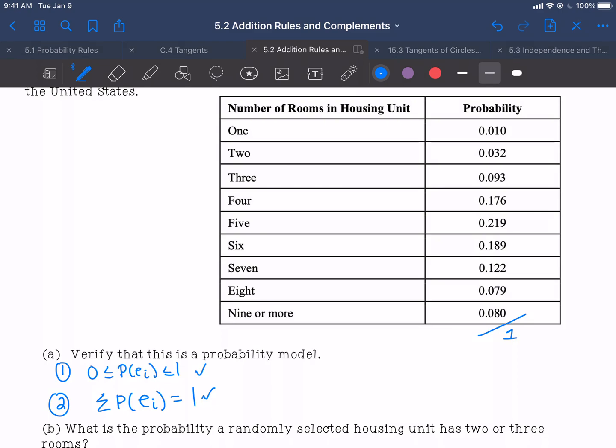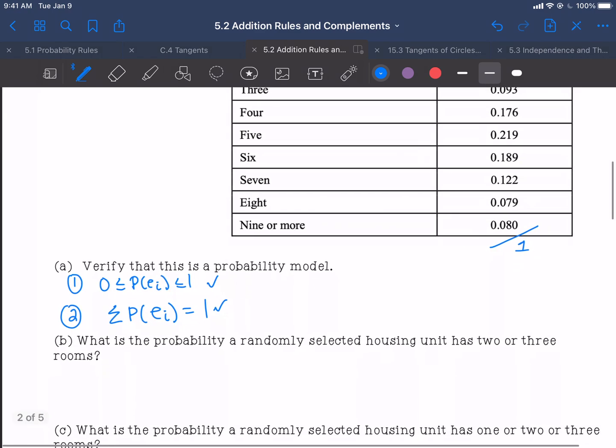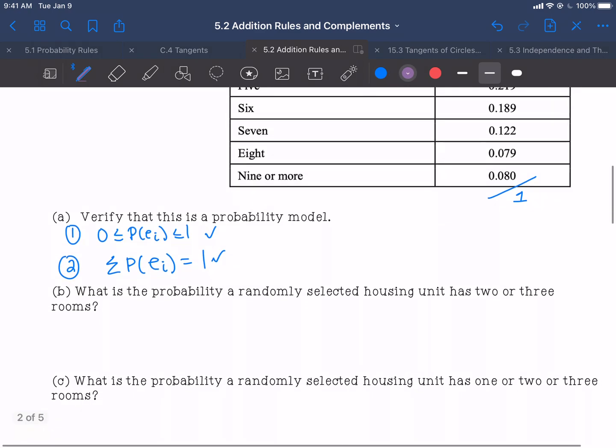Part B, what is the probability a randomly selected housing unit has 2 or 3 rooms? So we are finding the probability that a housing unit has 2 or 3 rooms. That would mean 2 union 3. Those 2 events are mutually exclusive because a house that is a 2-bedroom house only cannot also be a 3-bedroom house.